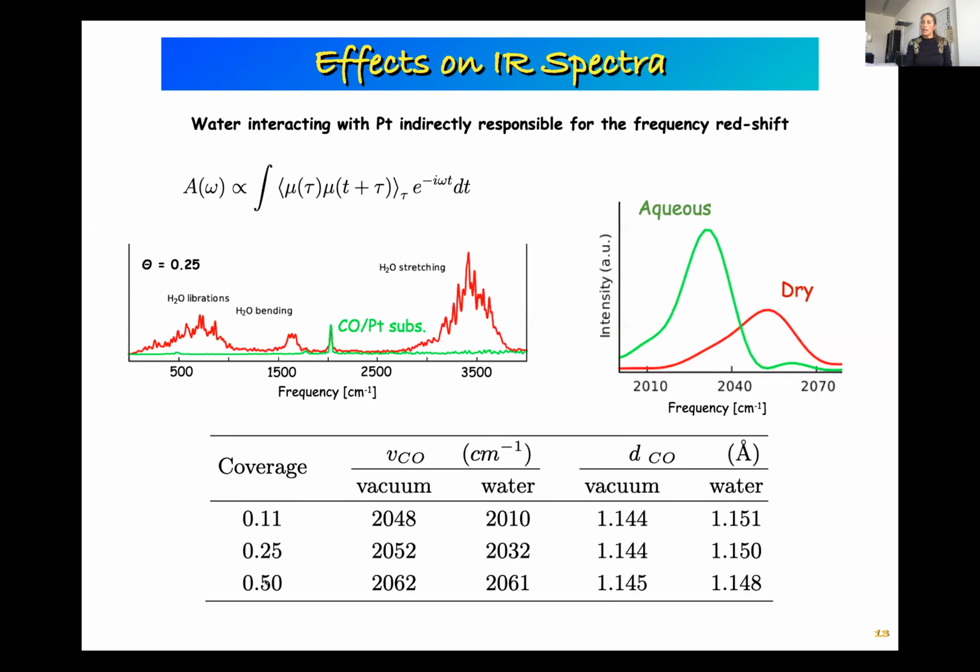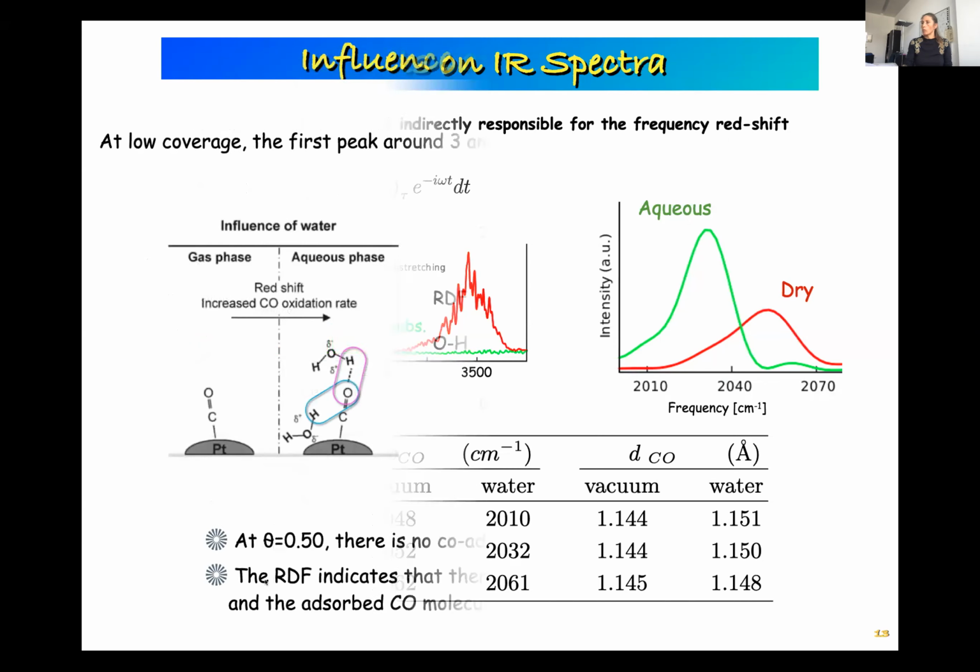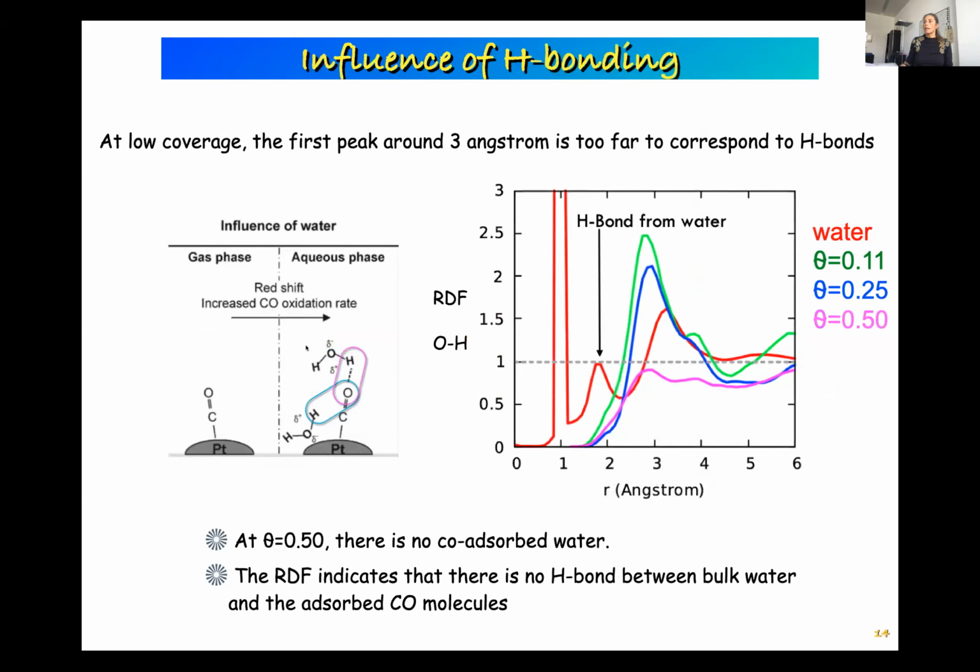So there is, in fact, an important effect of the co-adsorbed water molecule, but it's not an effect of hydrogen bonding. Actually, we can say that there is no real hydrogen bonding between the adsorbed CO and the water molecule in the first water layer.